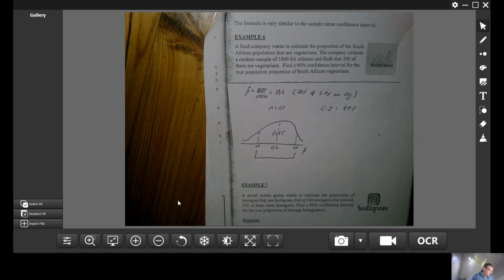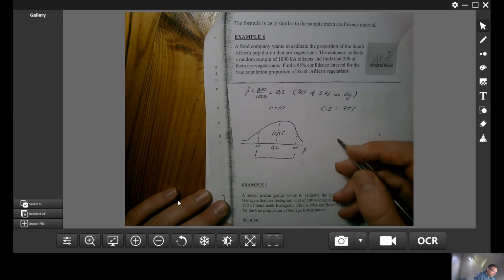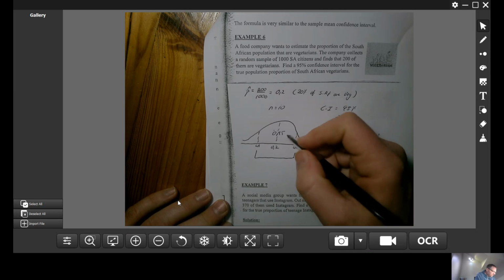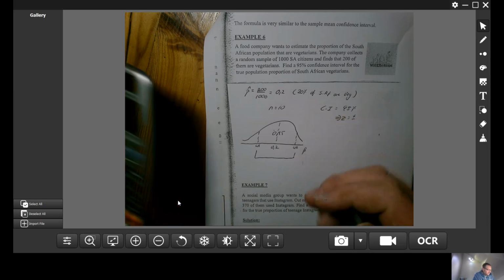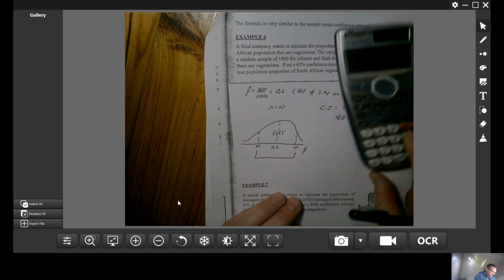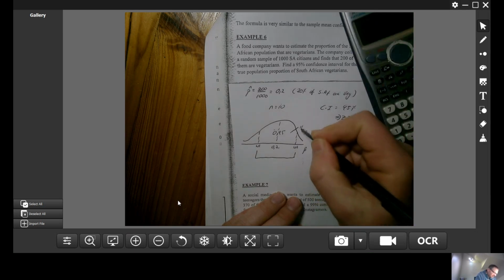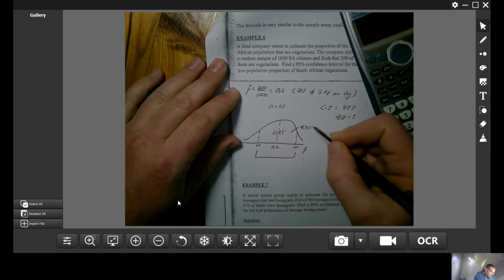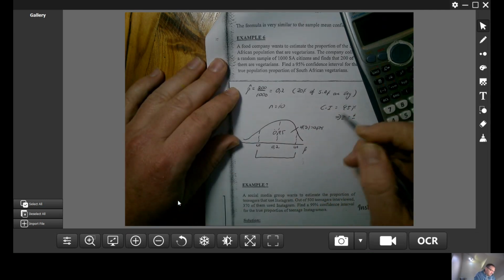So the first thing we have to find is our Z scores for the 95% confidence interval. Remember, this is 0.95. If I go 0.95 divided by 2, that is equal to 0.475. So we're going to use the area from 0 to Z, which is equal to 0.475.